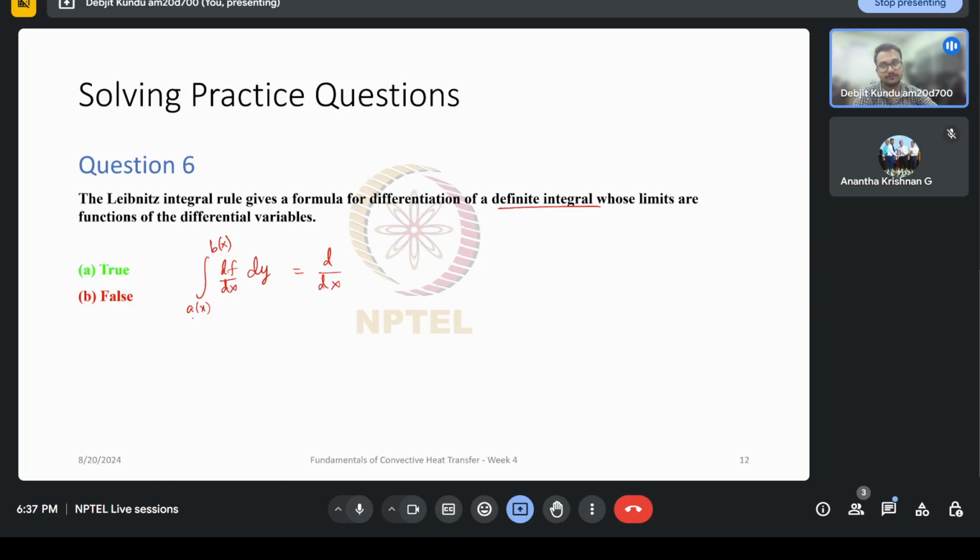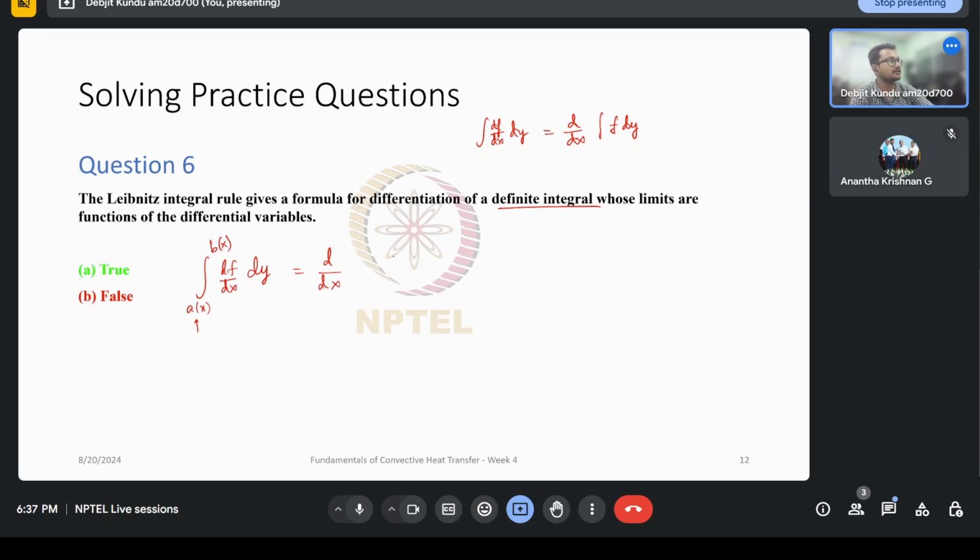If it was not a definite integral, then flipping the sign of differential and integral is not an issue. So if I have something like df dx into dy, and if this was an indefinite integral, then I can easily convert it into ddx of f dy and live with it. That is a very easy thing to do. Now the problem here comes if there are limits to the integration.